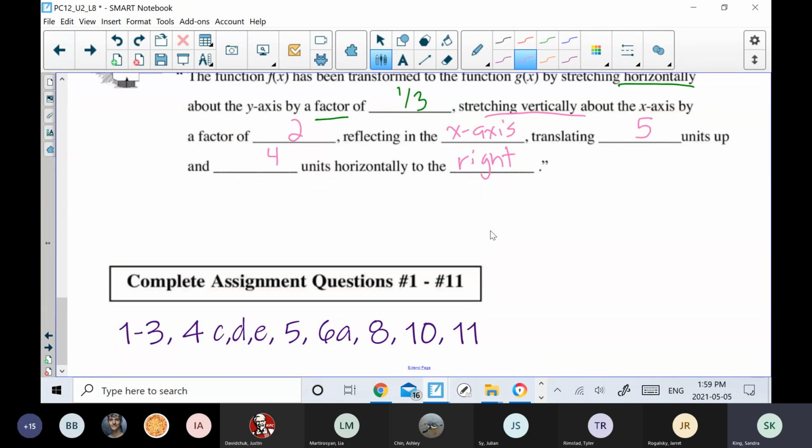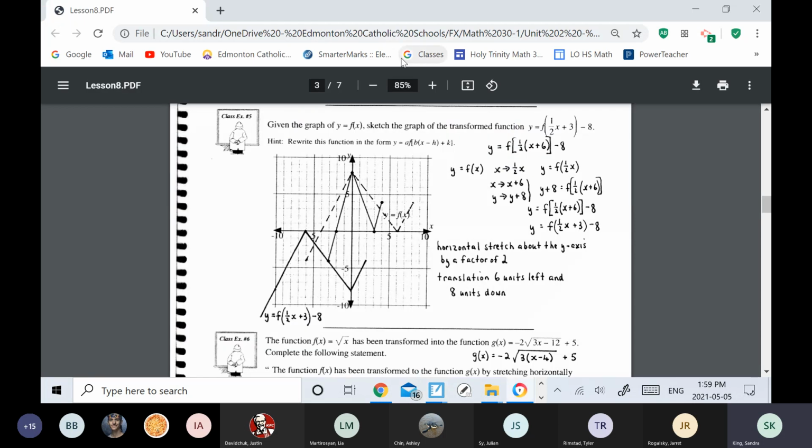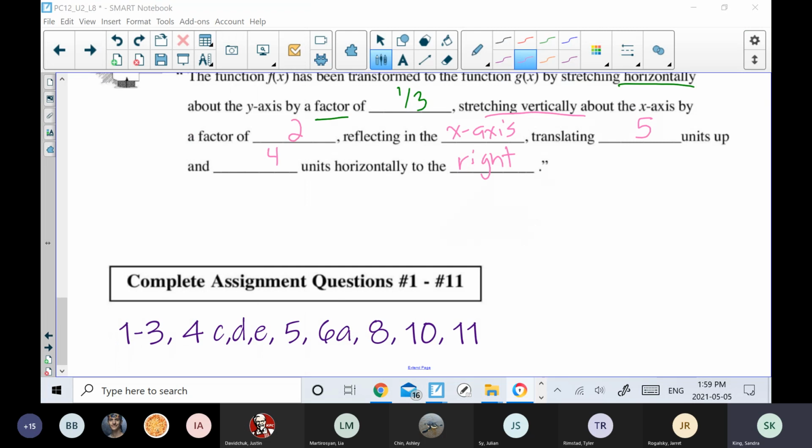So let me see. I just want to see if this matches up with what I had assigned. Just one quick second.